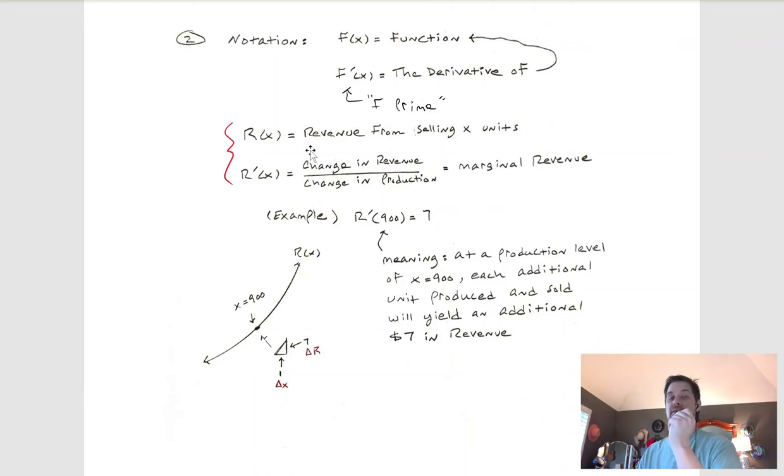Okay, so yes, if r is a revenue function, r prime, its derivative, would be the marginal revenue, which tells you how the revenue and production change together.